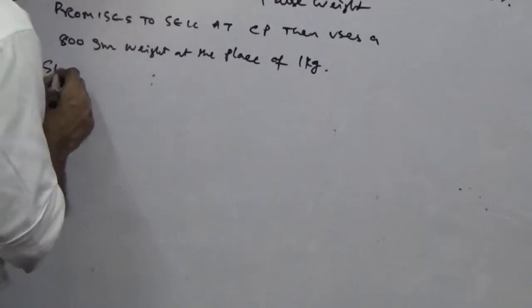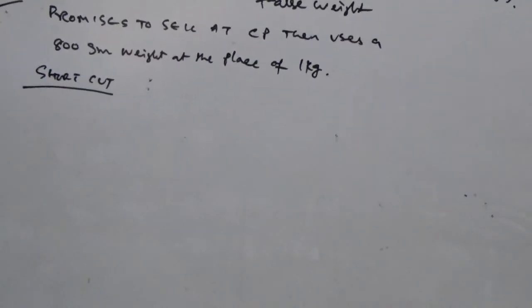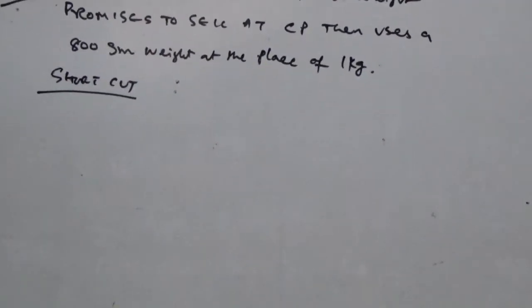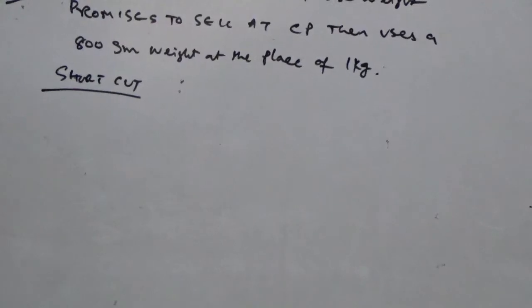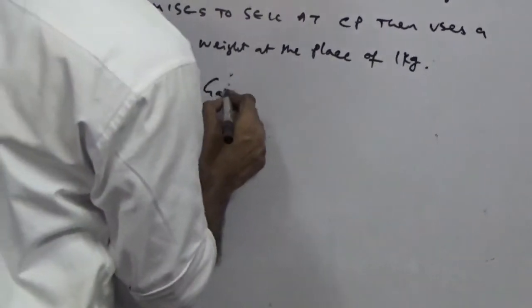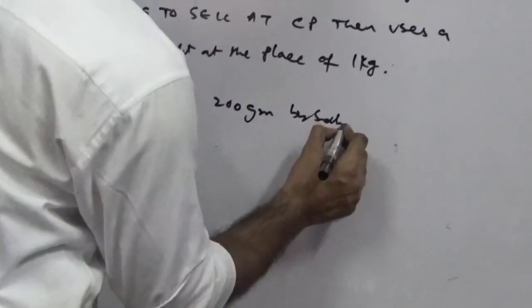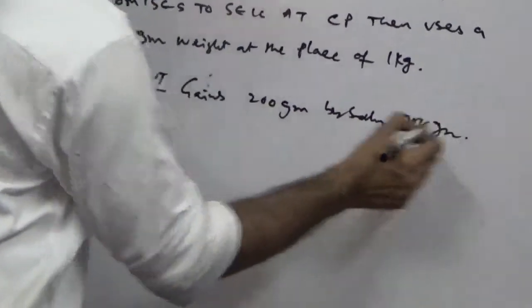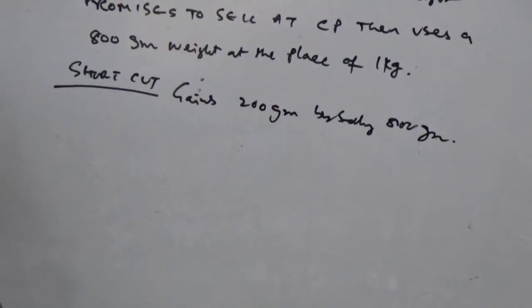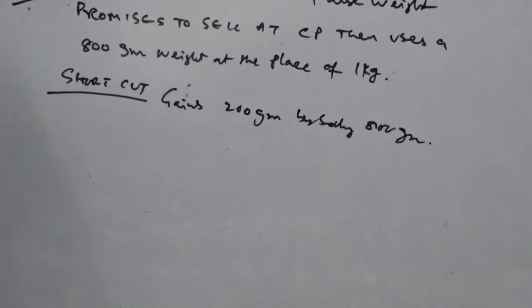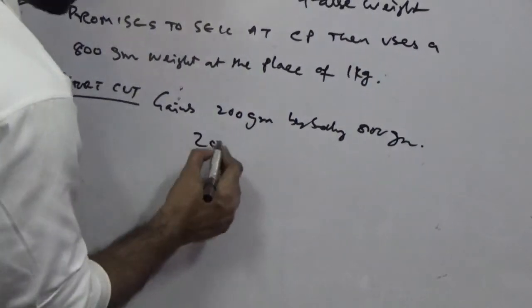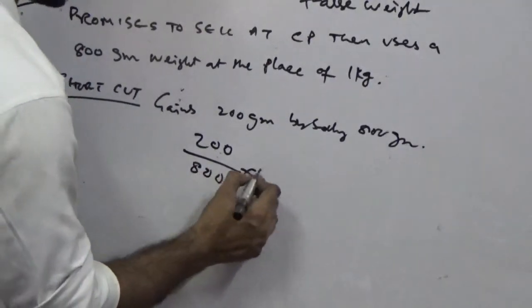Generally, in a very shortcut way, we can do it even without using the formula. For example, he actually gains 200 grams by selling 800 grams. So the profit percentage is simply 200 by 800 into 100.